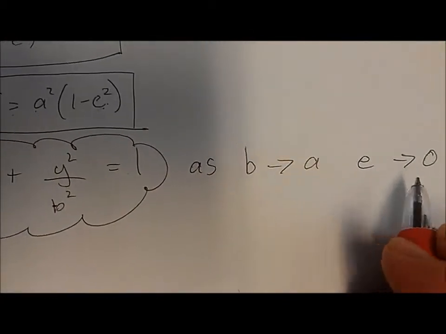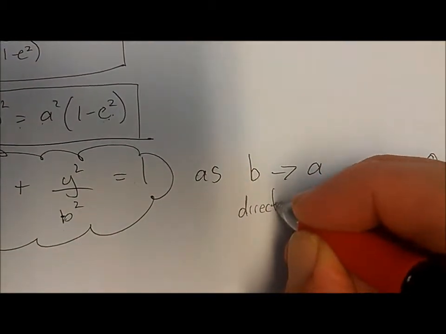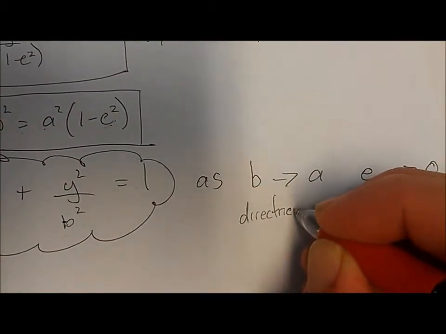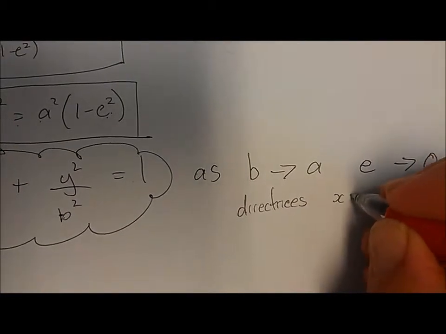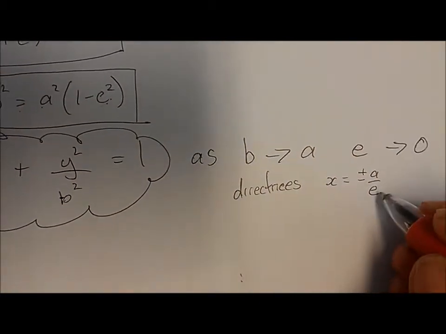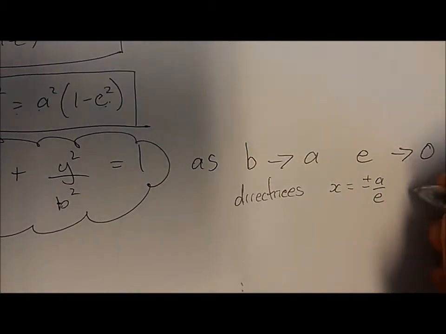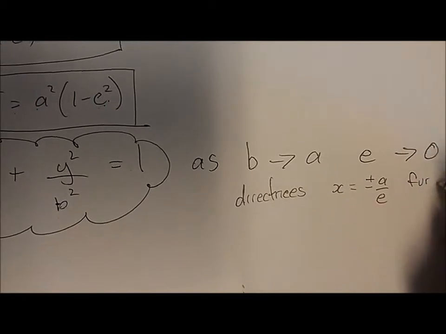And so what's happening then is that the directrices, remember their x is equal to plus or minus a on e, and because e is approaching 0, they're getting further and further apart.